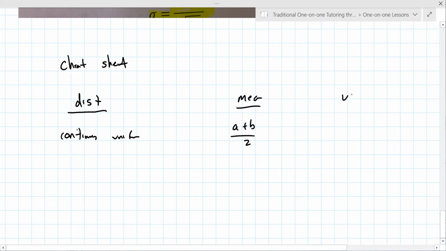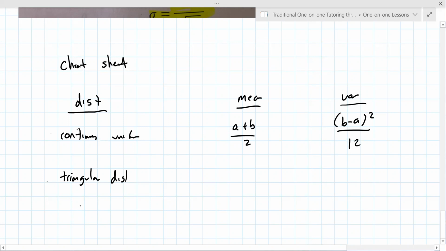The variance is always b minus a squared over 12. Okay. And then let's just say it's the triangular distribution, which maybe you haven't seen yet. Oh no, it's got another mean, another variance. So for every one, you're going to have one of these.